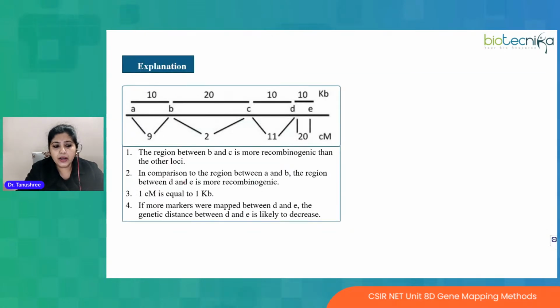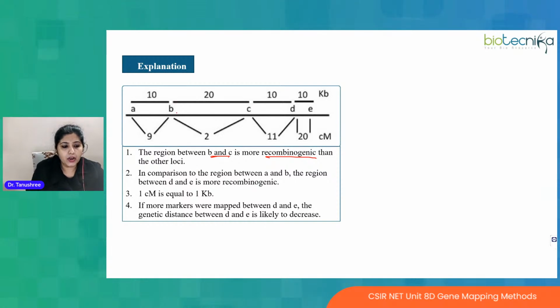Okay, now coming to the question, we'll go through each option one by one, because this is the strategy of solving such questions. So the very first statement is that the region between B and C is more recombinogenic than other loci.